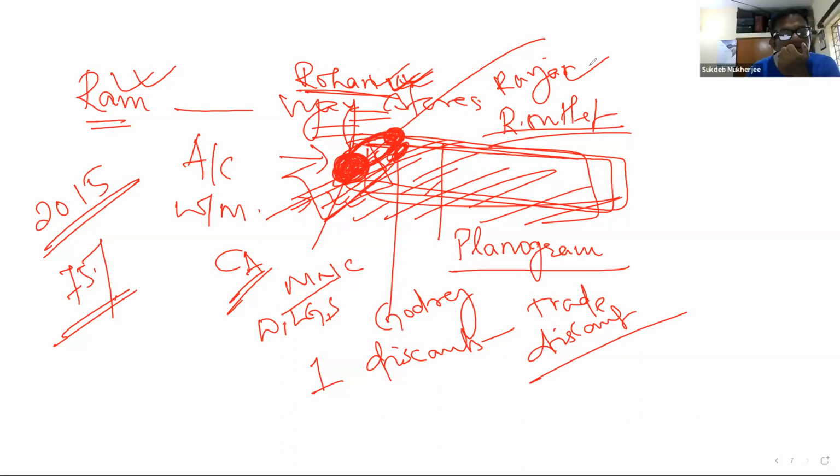Striking up a relationship with Ranjan. Sukhdev, if you develop a relationship with Ranjan, how can you develop a relation? You means who? The salesperson of Godrej or the director of Godrej? Who will develop the relation with Ranjan? The sales representatives, ma'am.